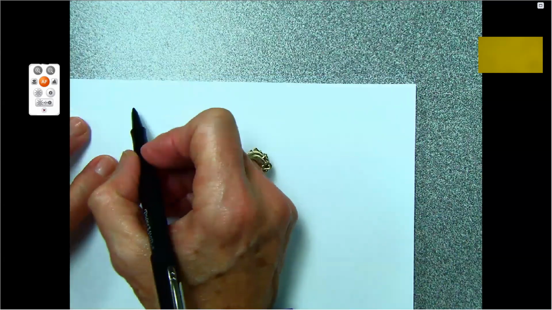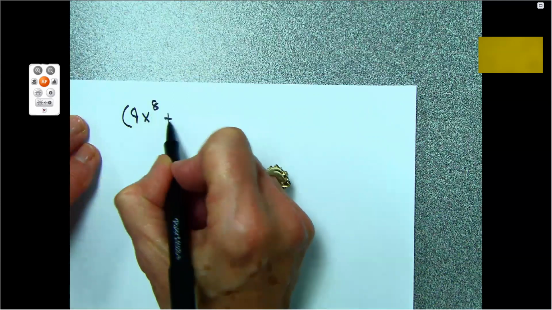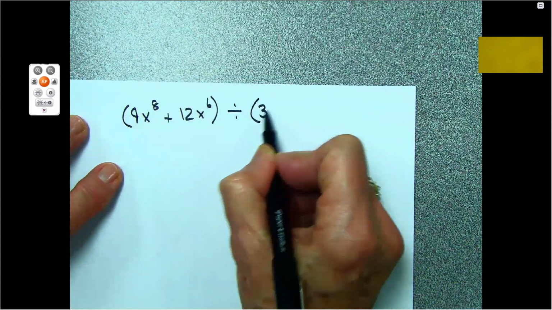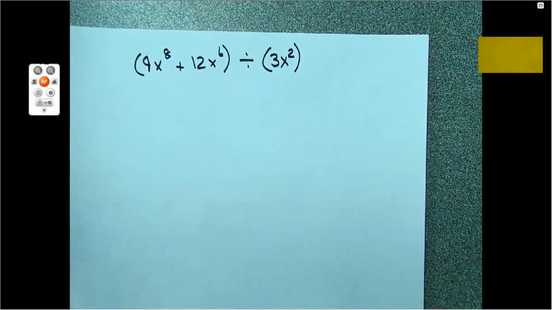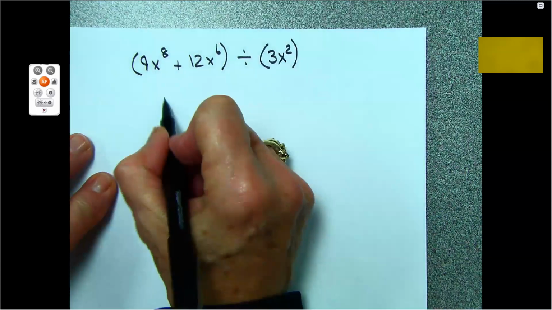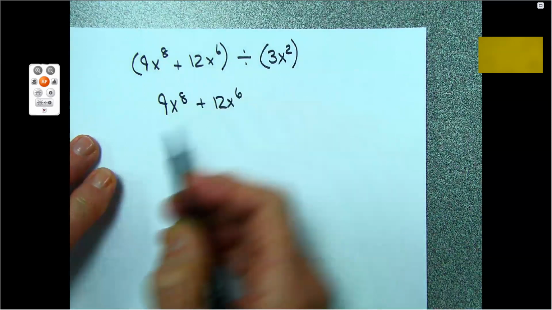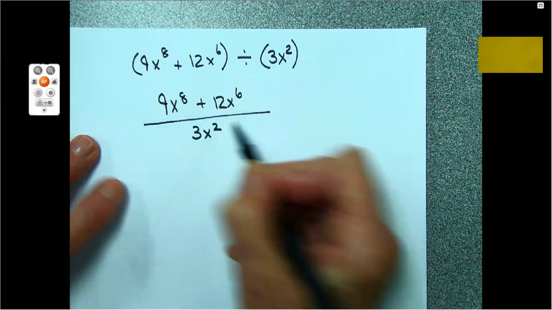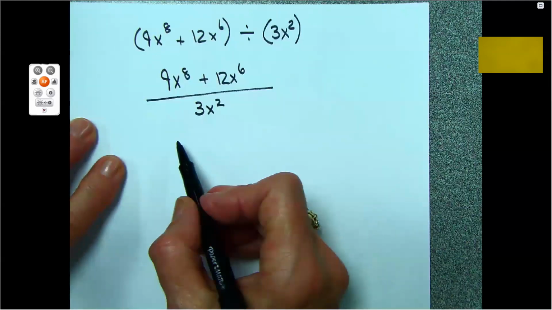We're dividing polynomials. 9x to the 8th plus 12x to the 6th divided by 3x squared. We can rewrite that as 9x to the 8th plus 12x to the 6th, all divided by 3x squared. We can break this down.